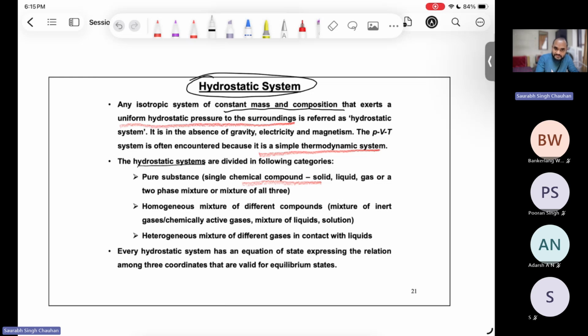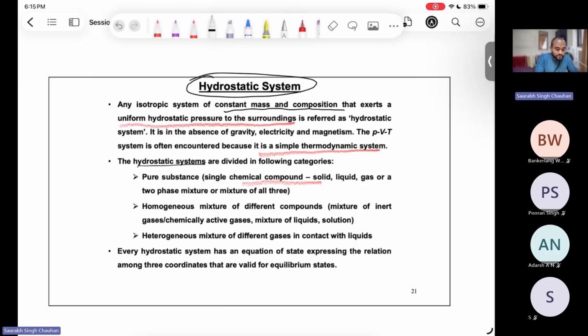Okay. So composition means the chemical composition is not changing. It exerts a uniform hydrostatic pressure on the surroundings, and is referred to as a hydrostatic system. And external force fields like gravity, electricity, magnetism, surface tension, all these things are absent.